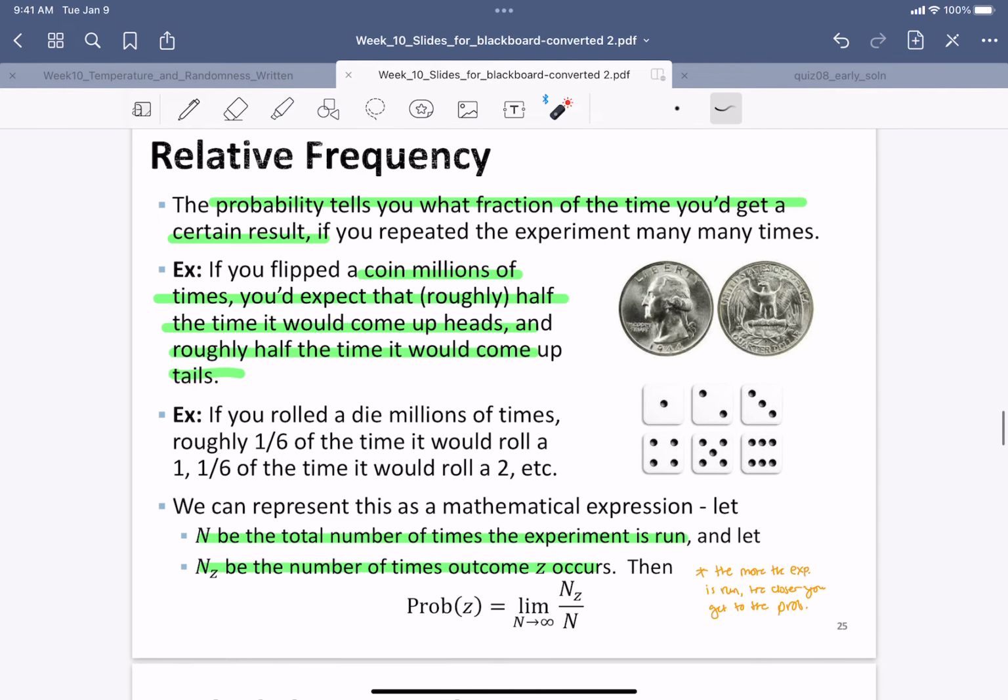And then this is the idea that I was talking about earlier, where if you flip a coin millions of times, you'd expect that roughly half of the time you would come up with heads and roughly half of the time you come up with tails. So you can get a bunch of heads in the beginning, but over time, that'll roughly even out to half heads and half tails.